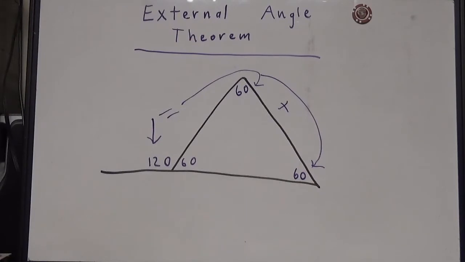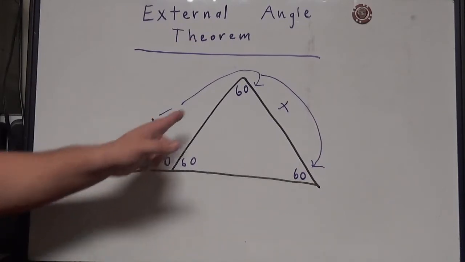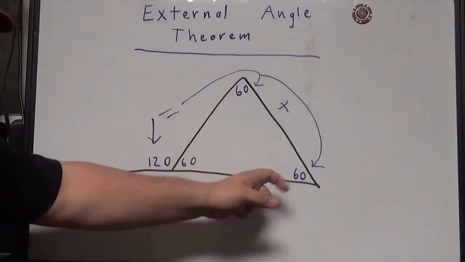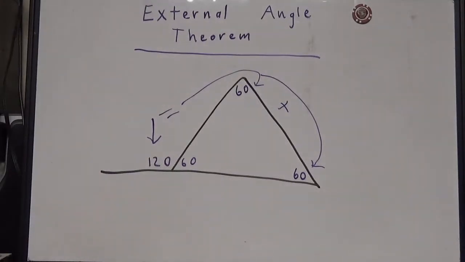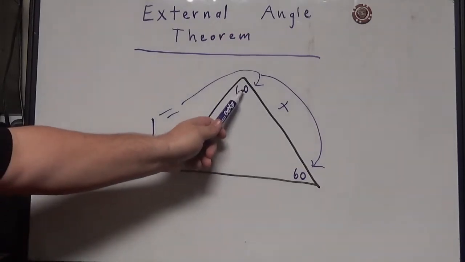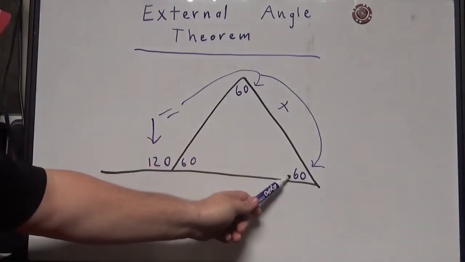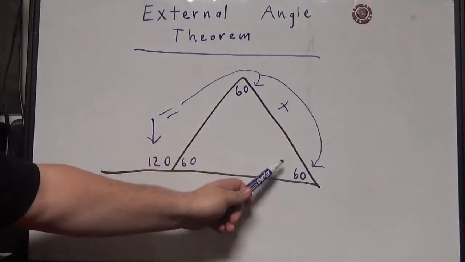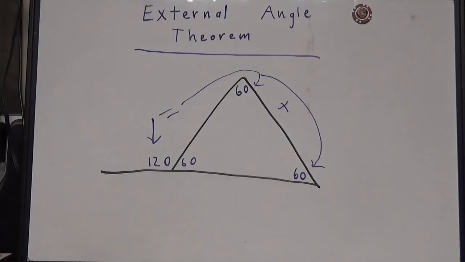So 120 equals 60 plus 60. Well, what's 60 plus 60? It's 120, so that makes sense. So this angle should equal the sum of these two. That by itself hopefully makes perfect sense. If it doesn't, hopefully you can just remember this rule.